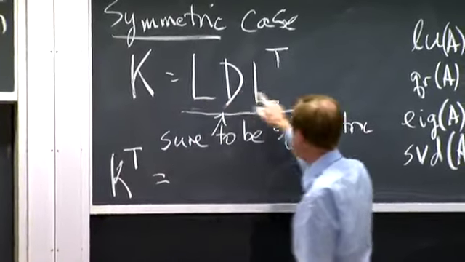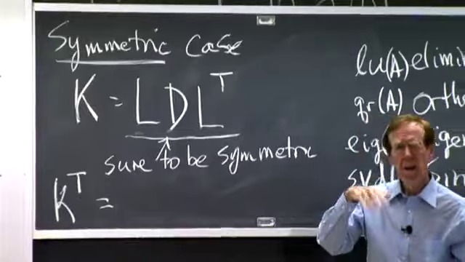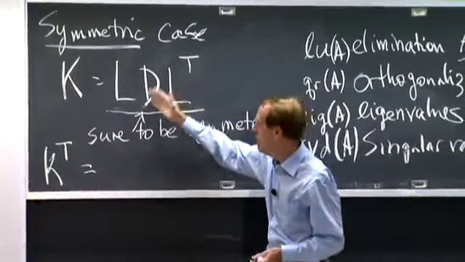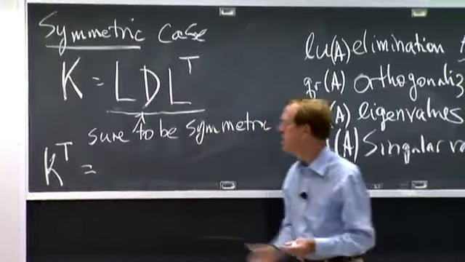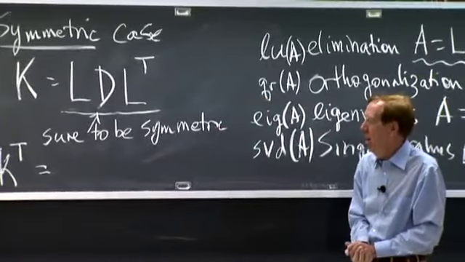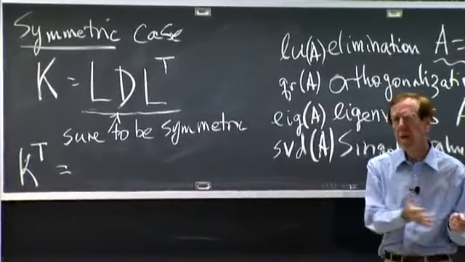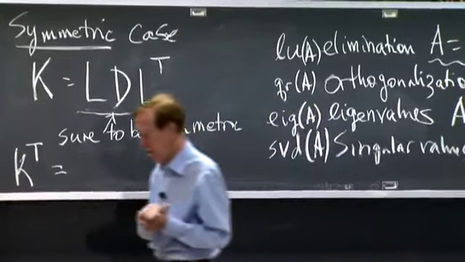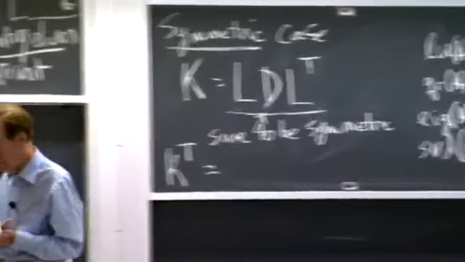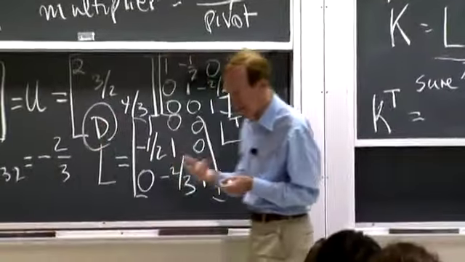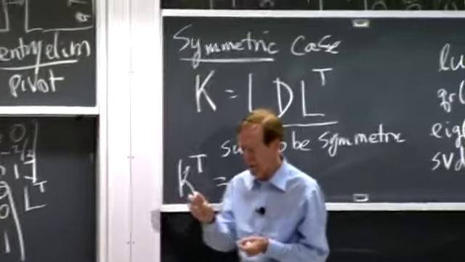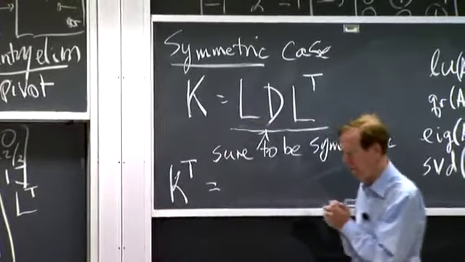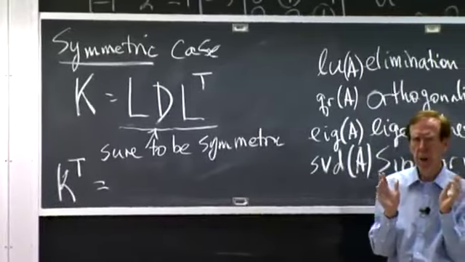This is the transpose of K equals something times something times something, A times B times C, you could say. If I transpose a matrix, how can I create that K transpose out of the transposes of A, B, and C? Do you remember what happens?